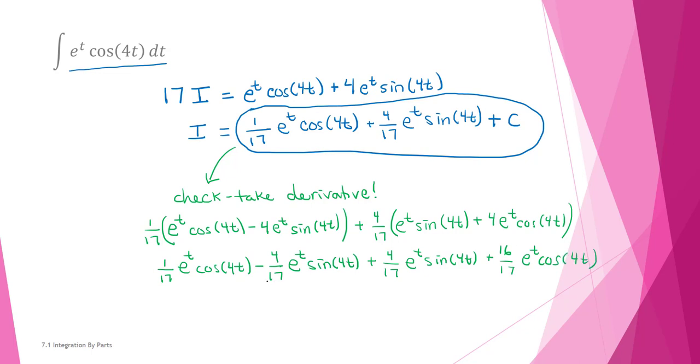And then we notice that this term and this term cancel. And here we have 1/17 e to the t cosine 4t and 16/17 e to the t cosine 4t. So this equals e to the t cosine of 4t, which is the function we are trying to find the antiderivative of in the first place. So we just checked, and now we know for sure that we have the right answer.